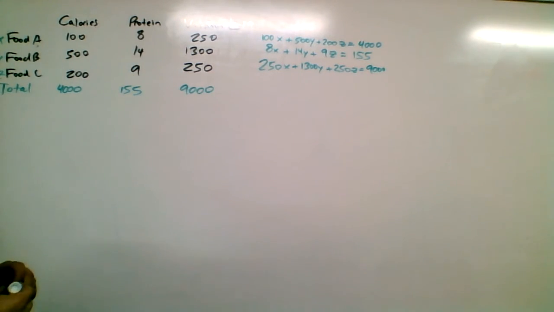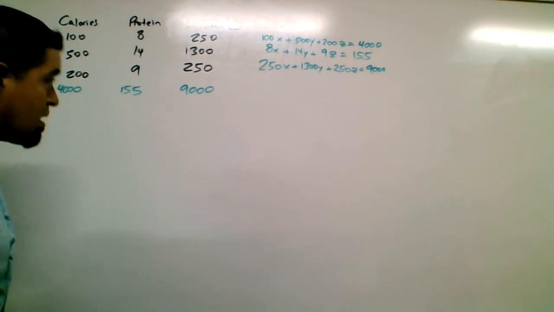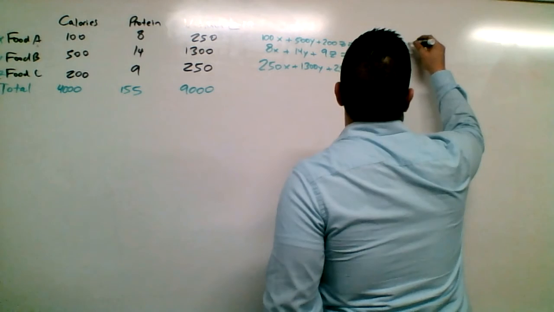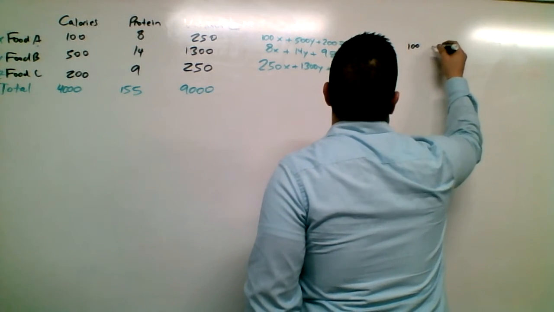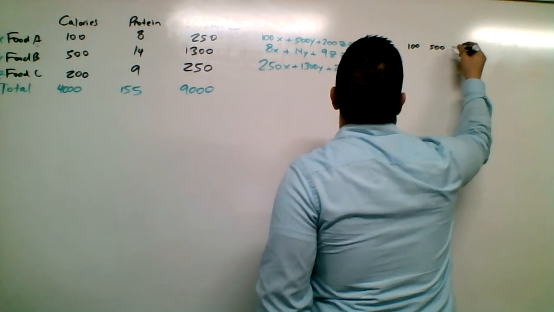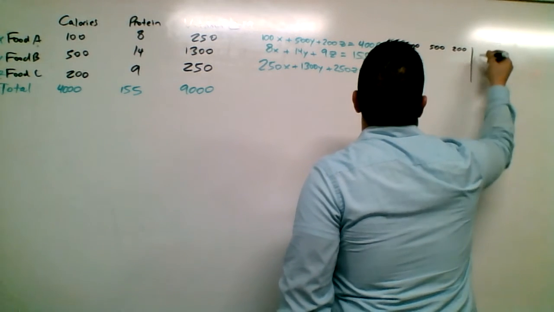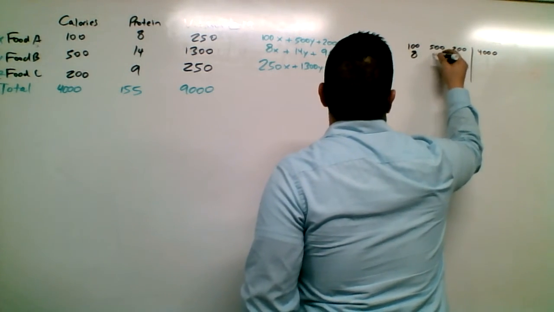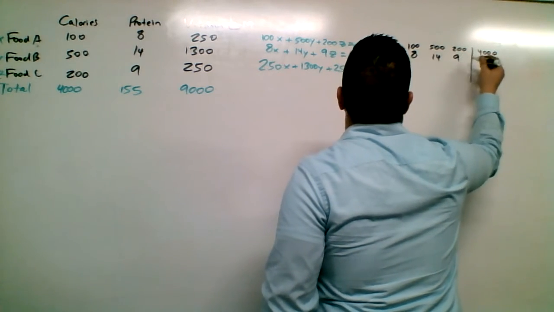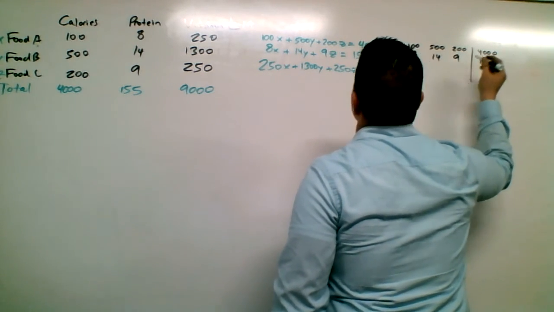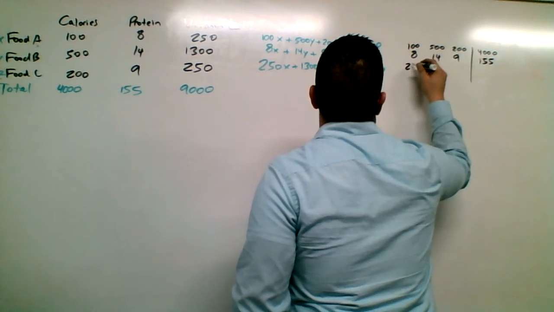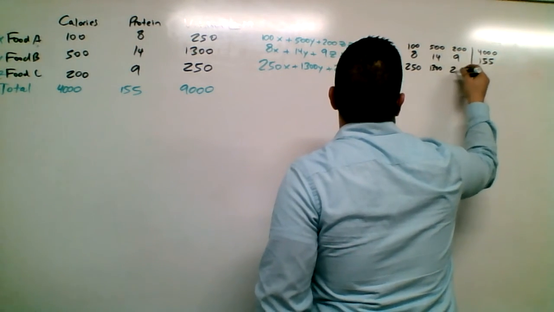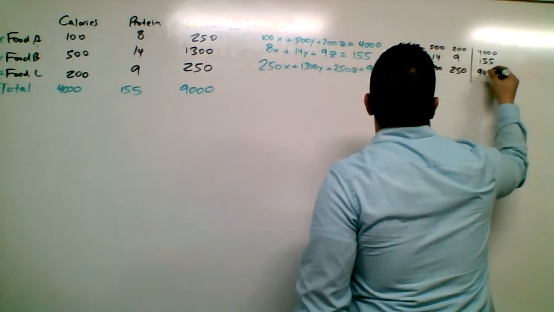The next thing I want to do is get it into the augmented matrix. So we'll just do that: 100, 500, 200, 4,000, and 8, 14, 9, 155, and 250, 1,300, 250, and 9,000.